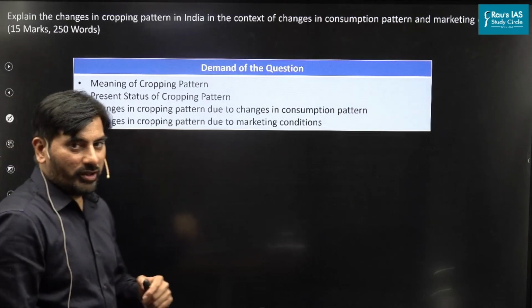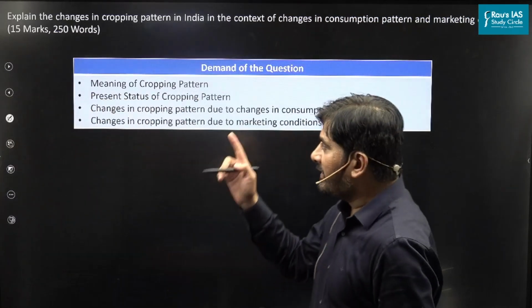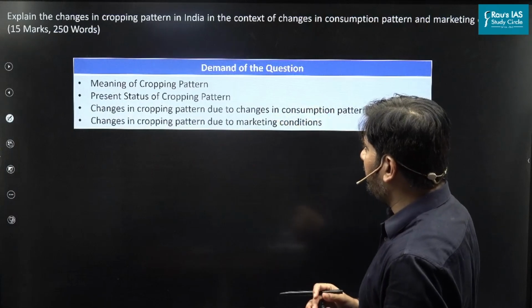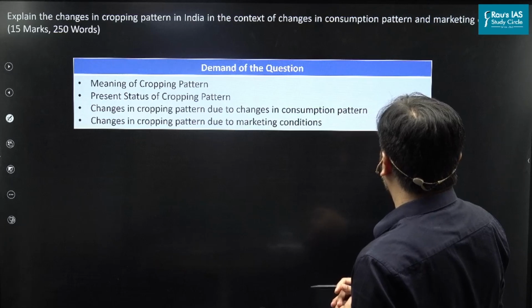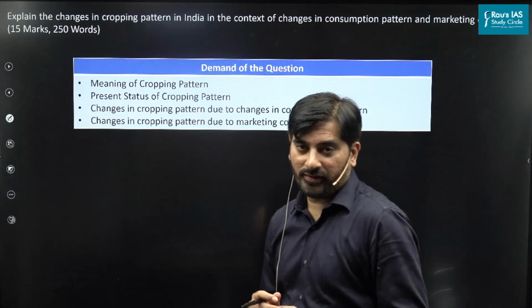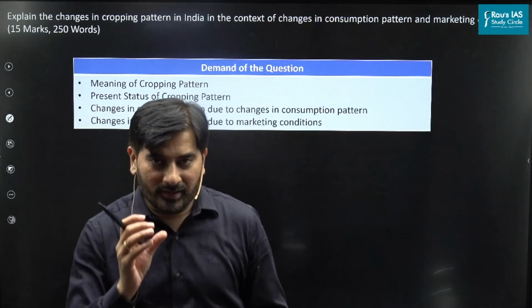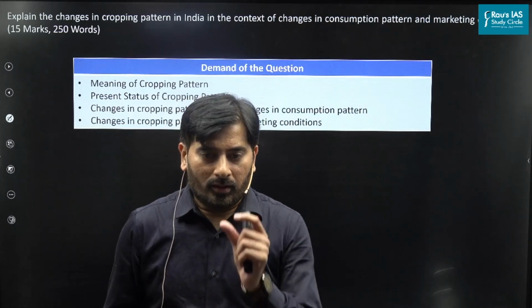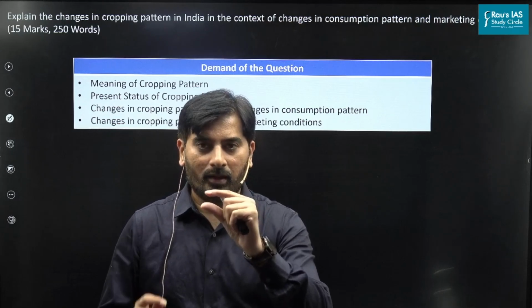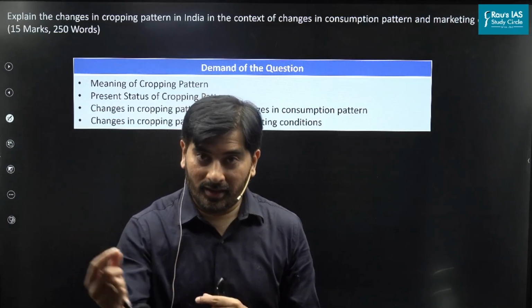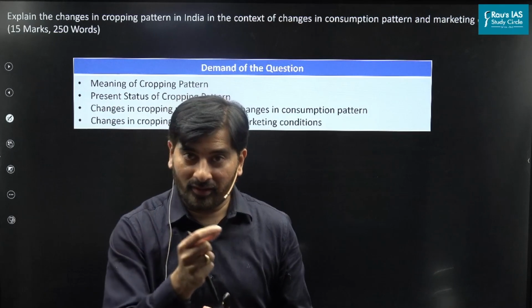Coming to the next question: explain the changes in cropping pattern in India in the context of changes in the consumption pattern and marketing conditions. When you look at this question, you have to first understand what cropping pattern in India is, that is, what percentage of agricultural land is under different crops.